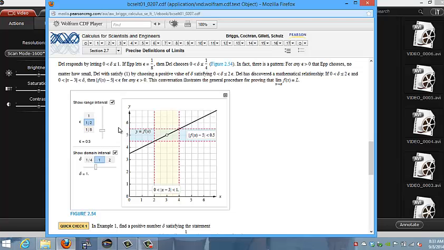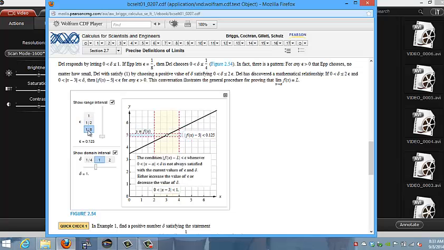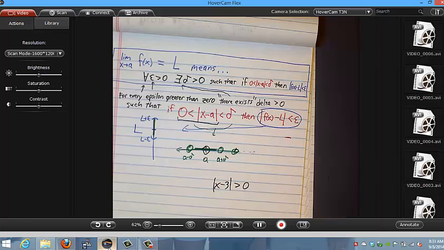But here's the thing. If I pick epsilon equal to 1/8, now is it true that all the outputs are in the blue range? Not anymore, right? But that's okay. Because all that the definition says, if I go back to the definition, it says, hey, for any epsilon greater than 0, there has to exist a delta greater than 0.